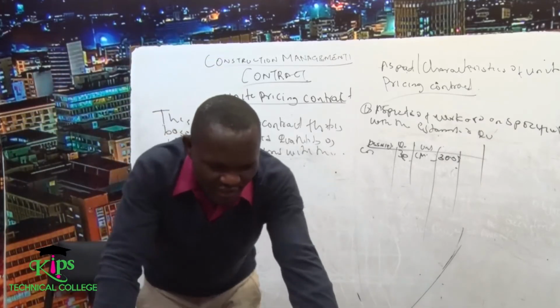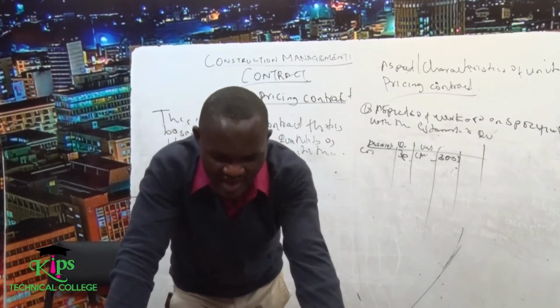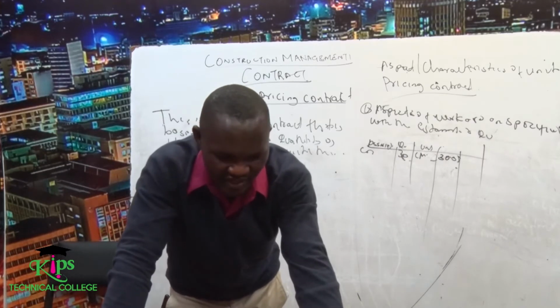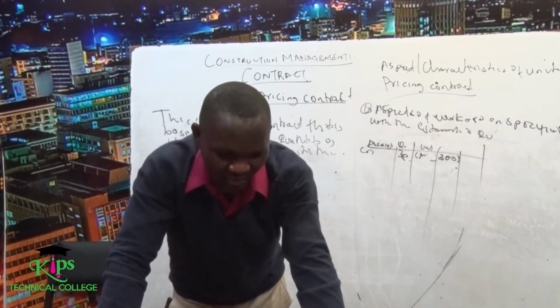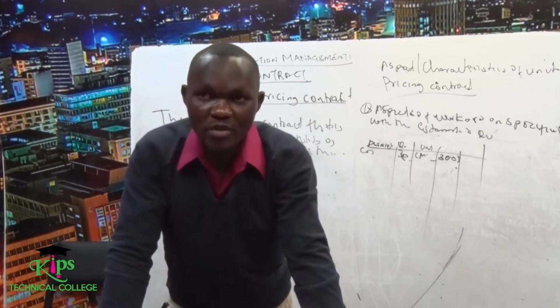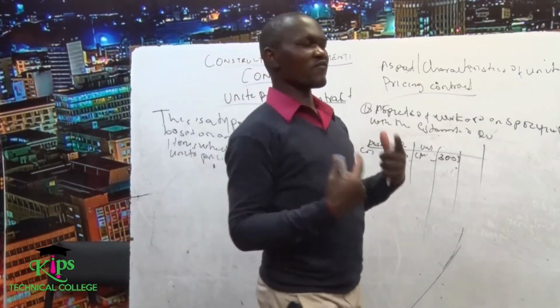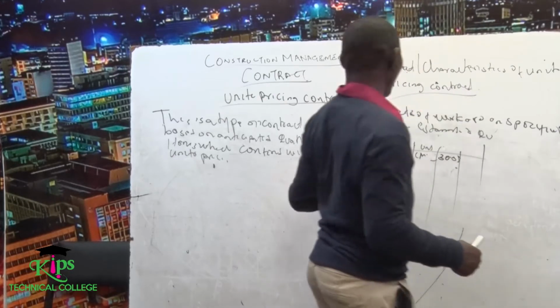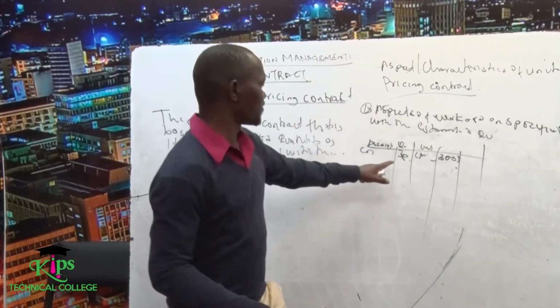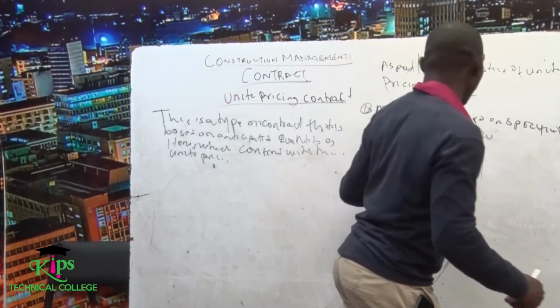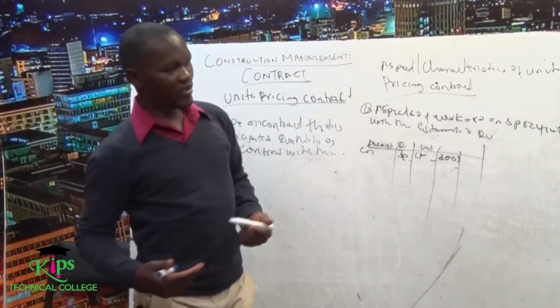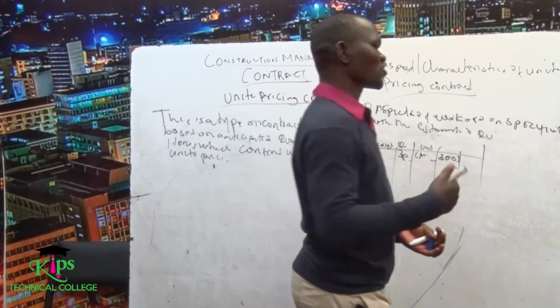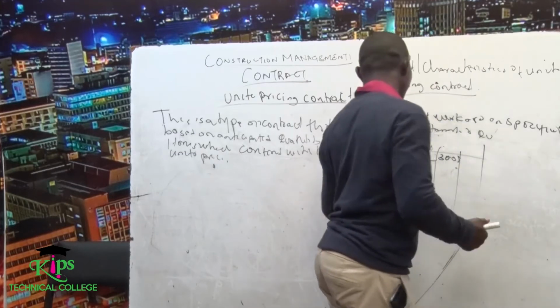Payment is made on the basis of units of work actually done and measured in the field, and should be multiplied by the unit prices. So for you to be paid, they have to evaluate whatever you have done. Maybe in the bill of quantity you're supposed to make 30 cubic meters, but you need some partial payments and you have not completed this job.